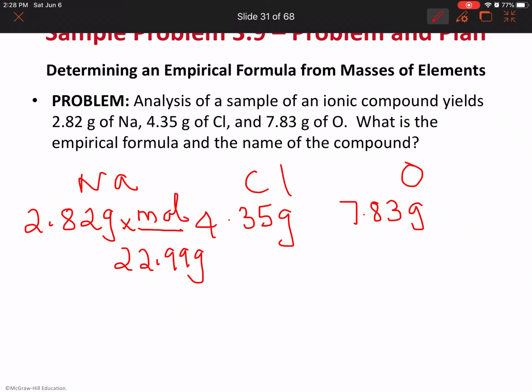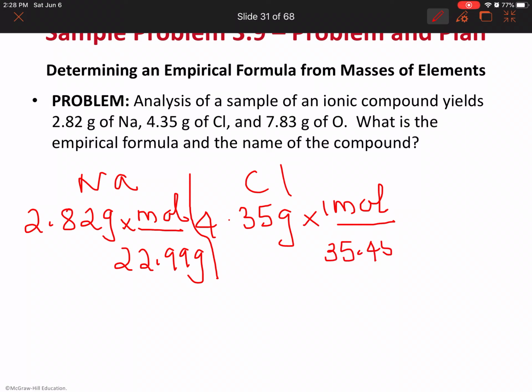So 4.35 grams chlorine. How do you convert chlorine into moles? 1 mole of chlorine is 35.45 grams. So you basically divide by the molar mass to find the moles.